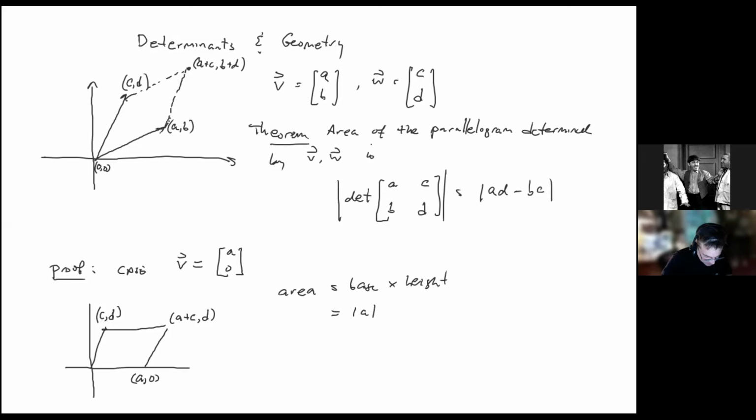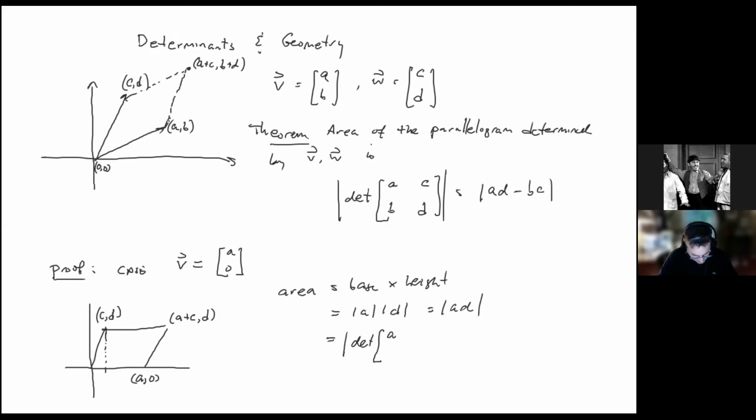And the height is the height of the vector. The height is D, or I should write absolute value of D. And we can write this as the absolute value of A times D. But that's the same thing as the absolute value of the determinant of what you get by sticking the vectors into this 2x2 matrix.